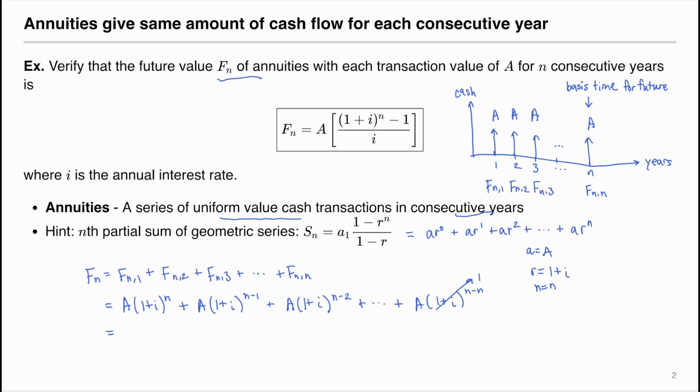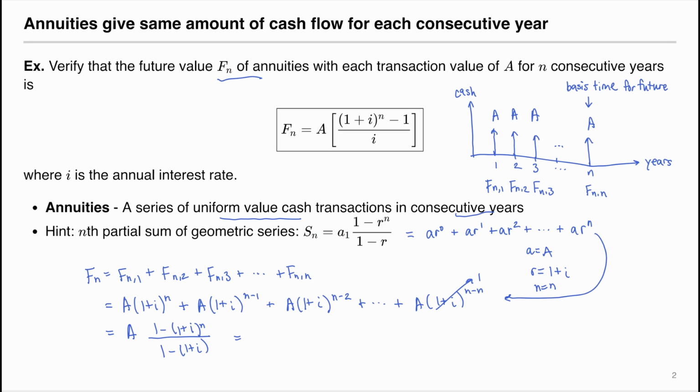So if we use the nth partial sum for the geometric series and convert this, we will get F_n equal to big A times (1 minus R^n), and R is 1 plus I. Write it as (1 + I)^n, divided by 1 minus R, which is minus I. Now we can further simplify that.